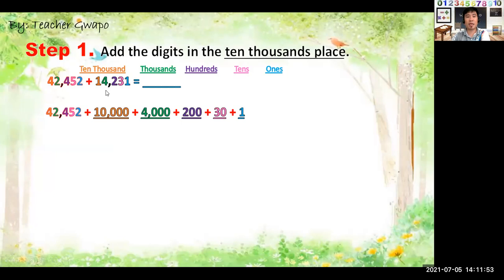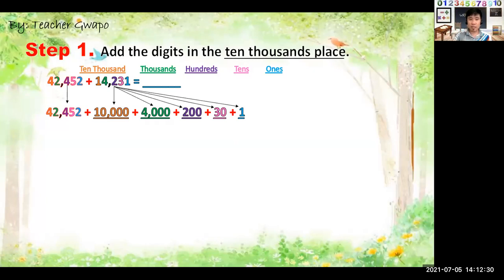Now here you can see that I split the second number. That is 10,000 plus 4,000 plus 200 plus 30 plus 1. So that's how to split numbers. This is 42,452, and then the 10,000 is here, and then the 4,000, and then 200 plus 30 plus 1. So always keep in mind the first number, and the second number is still in our mind, but we split it by place value.